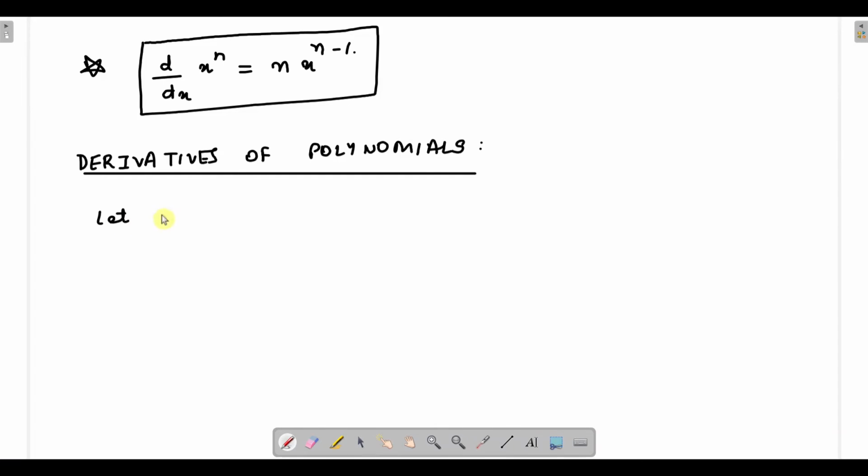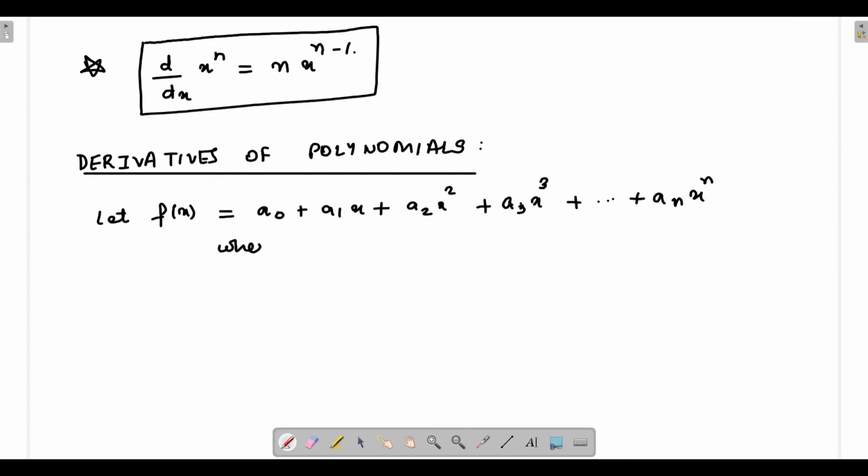So let f(x) be a polynomial, we can take it as a naught plus a1x plus a2x square, and we can write one more, a3x raised to 3, and so on, plus an x raised to n, where a naught, a1, a2 up to an are all constants, and of course an is not equal to 0, so this is a polynomial of degree n.